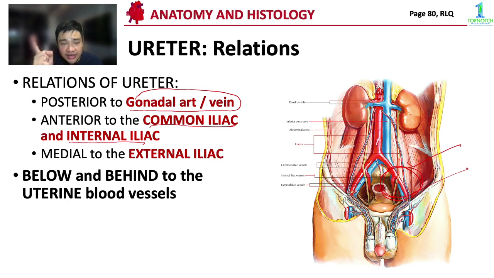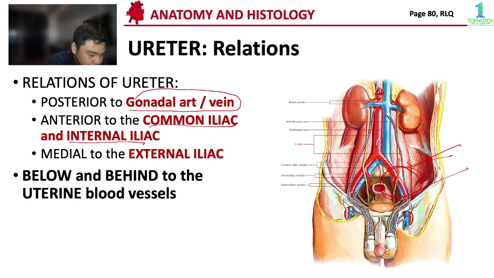So, depending on the retraction, pwedeng nasasama sa retraction yung ureter, kaya mahirap siyang i-locate. So, to avoid that mistake, we identify the psoas and we palpate for the common iliac vessels because we know for a fact that the ureter can be found anterior to the common iliac vessels.